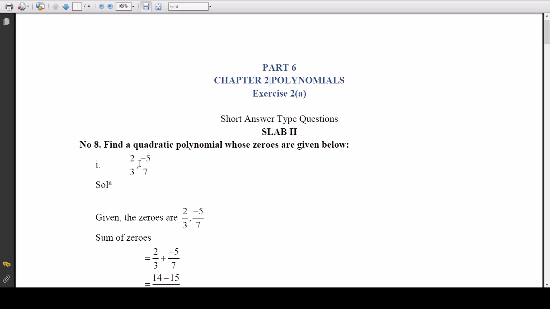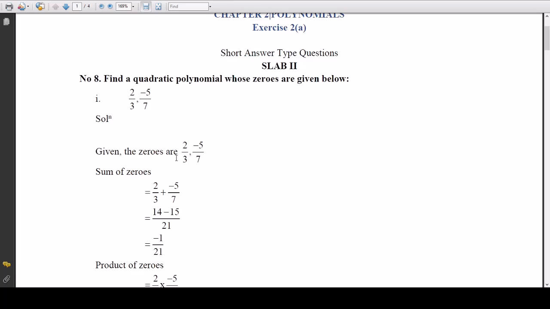Now let us find the sum of zeros. Sum will be 2 by 3 plus minus 5 by 7. Now plus minus is minus. Now 3 and 7, the LCM of 3 and 7 is 21, isn't it? 21 divided by 3 is how much? 7. 7 multiplied by 2 is 14.